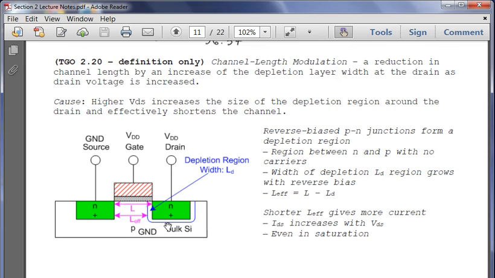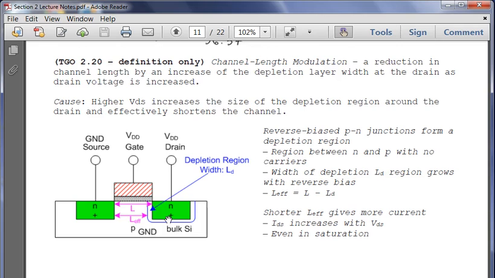So remember at the beginning of the semester we talked about diodes, and when you put diodes together it effectively forms forward and reverse bias operation, where current can only flow in one direction. When it's reverse bias, it begins to form a depletion region. Well, that is what's happening here in channel length modulation.